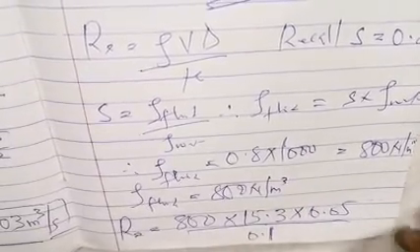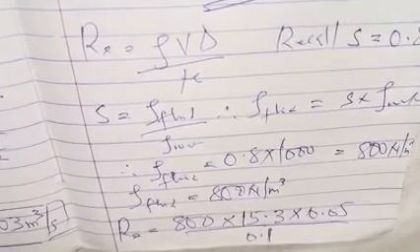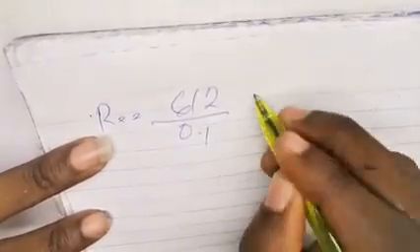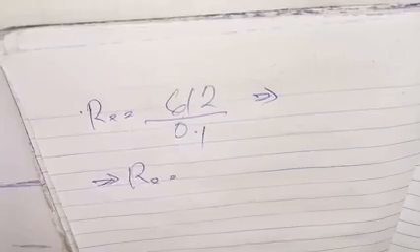So let's compute the numerator: 800 times 15.3 times 0.05. The numerator gives us 612, all over 0.1. So the Reynolds number is equal to 612 divided by 0.1.